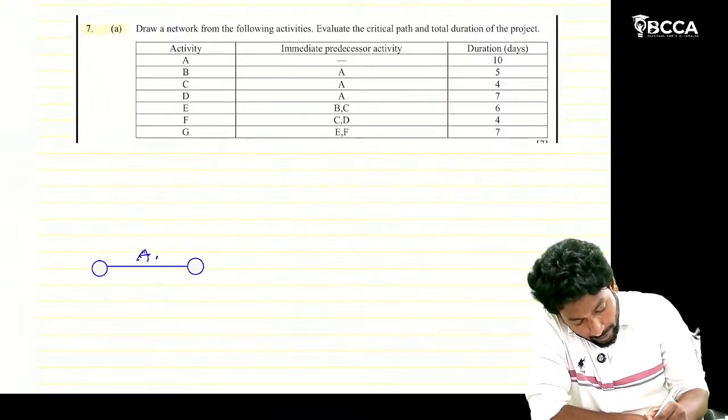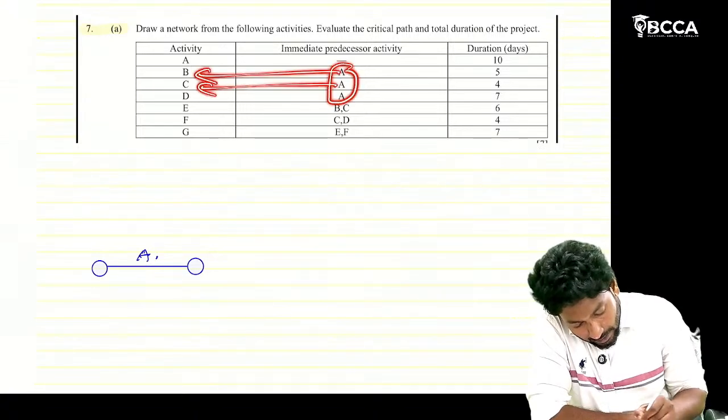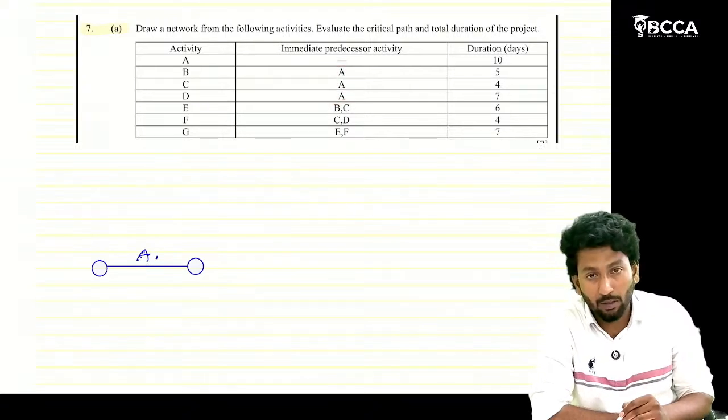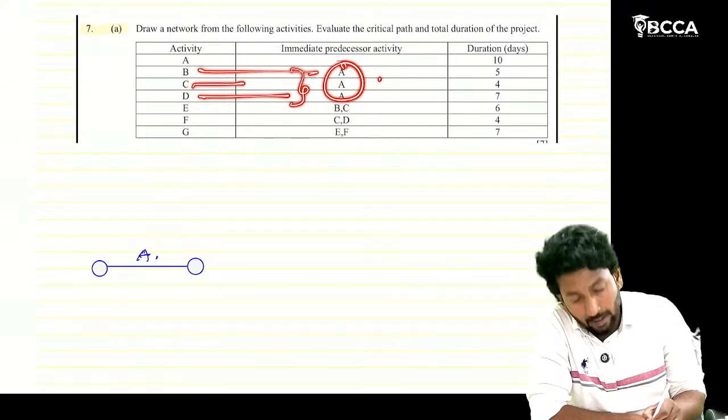From A, B can start, C can start, D can start. B, C and D all three have A as the preceding activity.